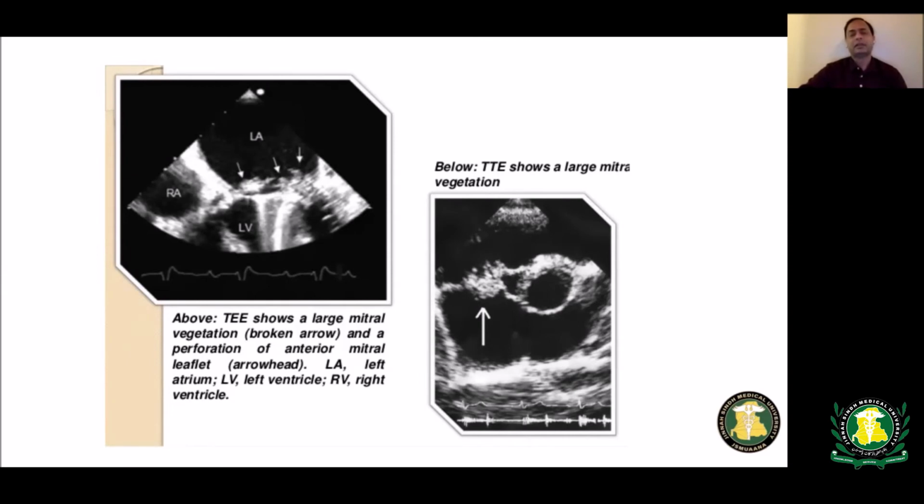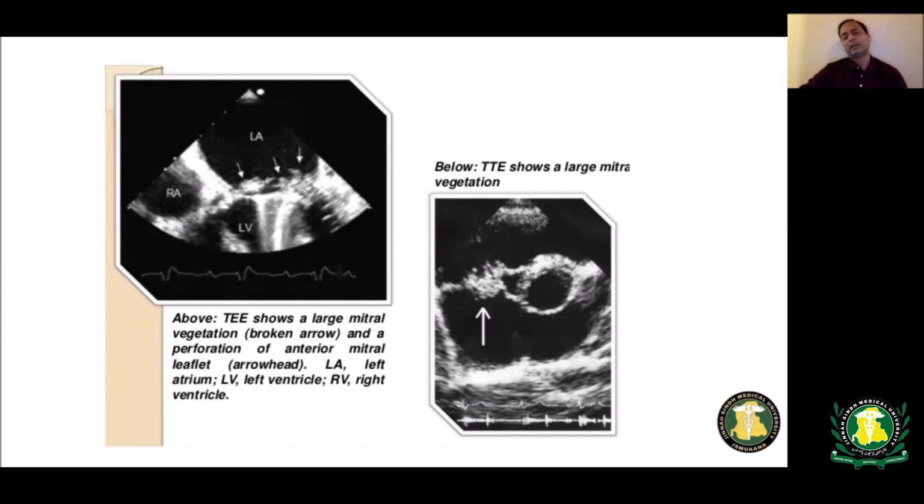If the masses are on the downstream of the valve, which means they're on the left ventricle side of the mitral valve, then they most likely could be non-infective vegetation, such as happens in lupus, what we call marantic endocarditis, or it can happen in people who have papillary fibroelastoma.